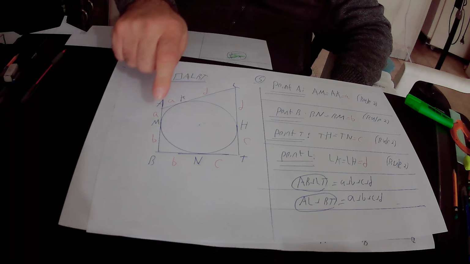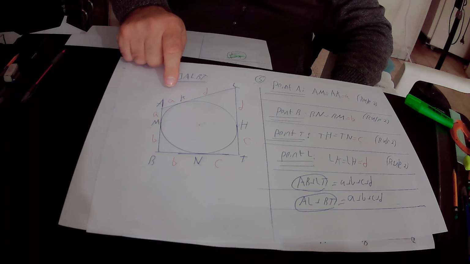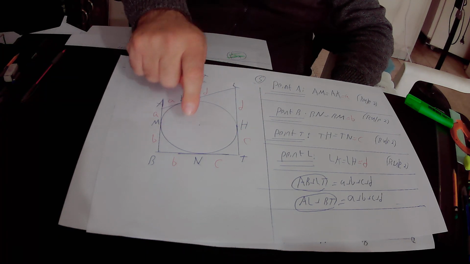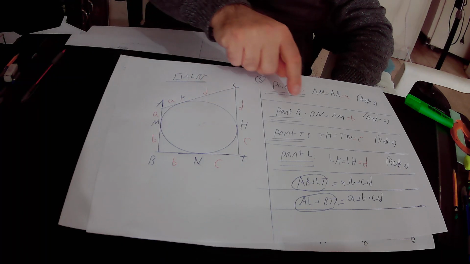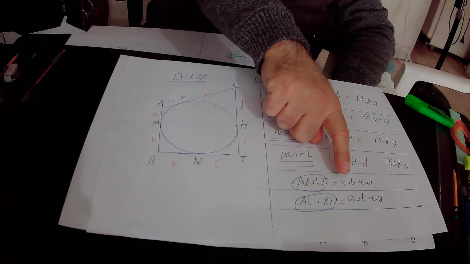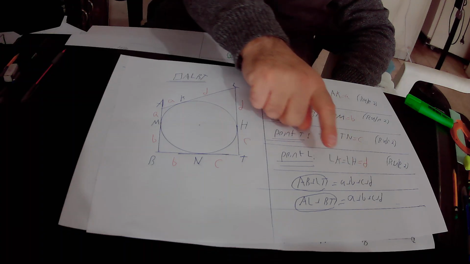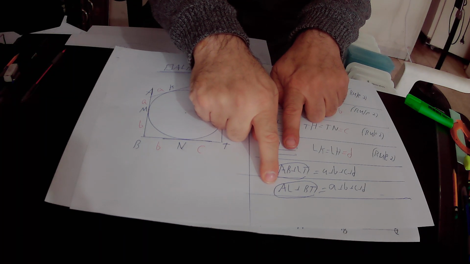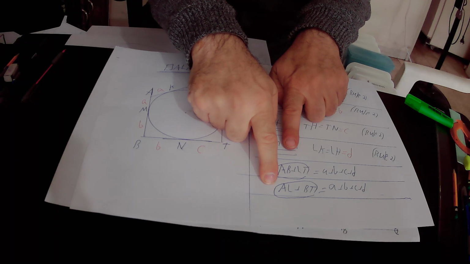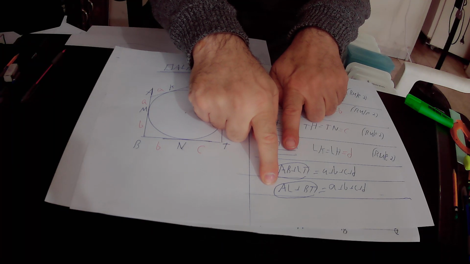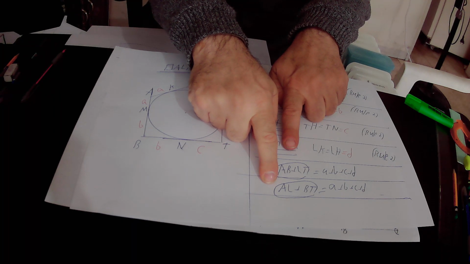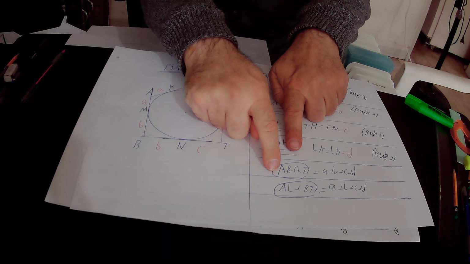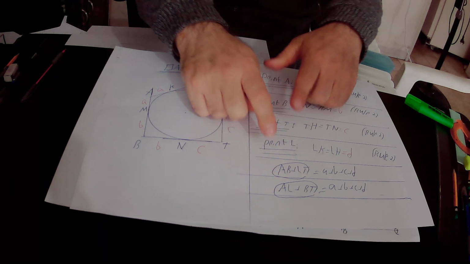AL plus BT in total will be equal to A plus B plus C plus D. So AL plus BT also equals A plus B plus C plus D. So those two expressions are both equal to A plus B plus C plus D, therefore they are equal to each other. That is to say, AB plus LT equals AL plus BT.